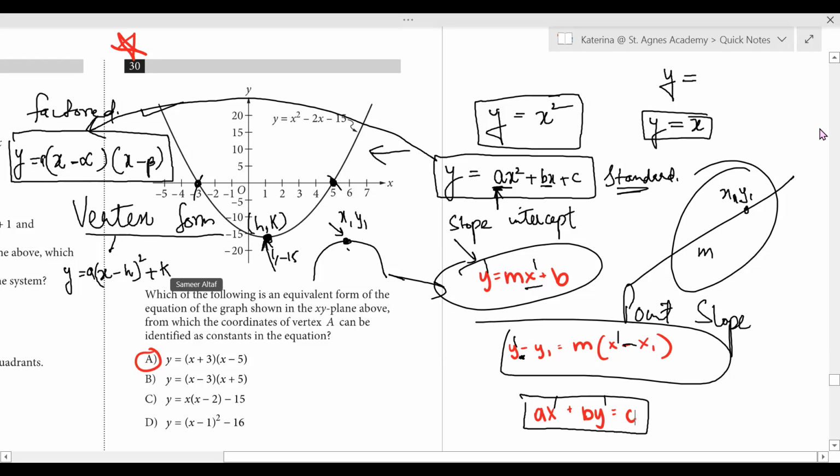This a can be written everywhere, here also, here also. This is the vertex form of the parabola. So three forms: standard form, factored form, vertex form.